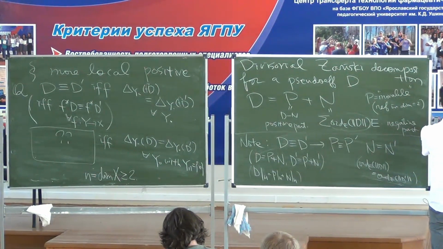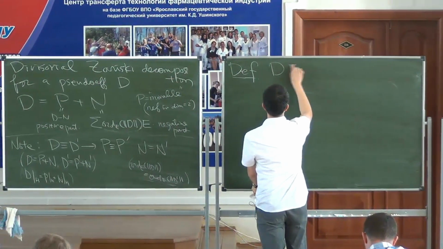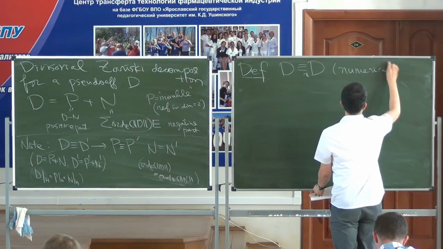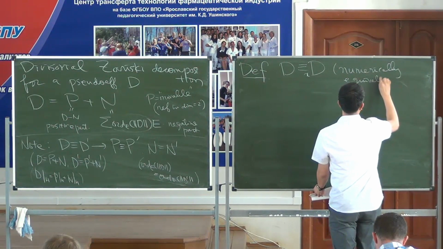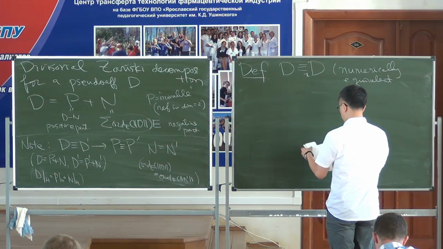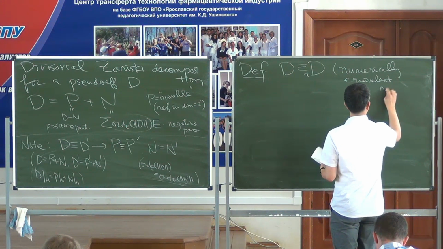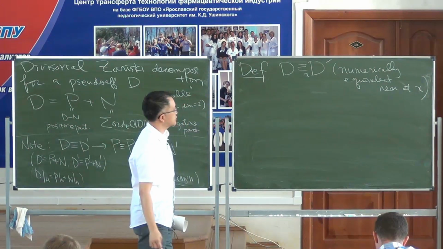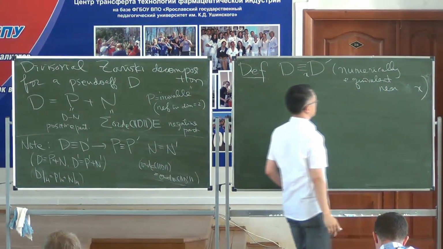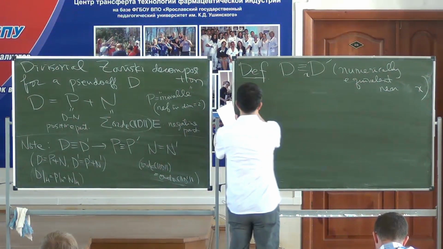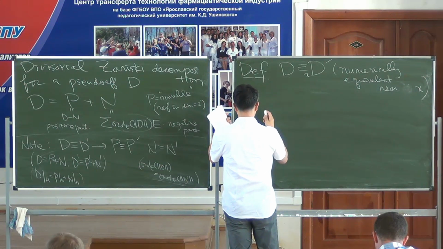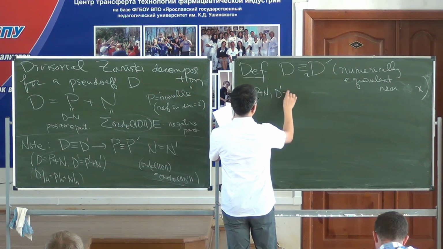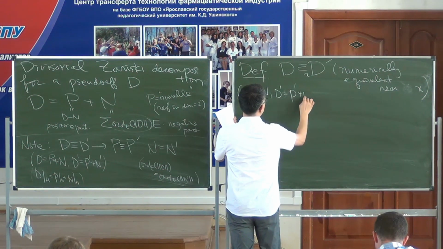Okay. So here is the definition. We say D and D prime are numerically equivalent near X. So we consider the divisorial Zariski decomposition, D = P + N, D prime = P prime + N prime.